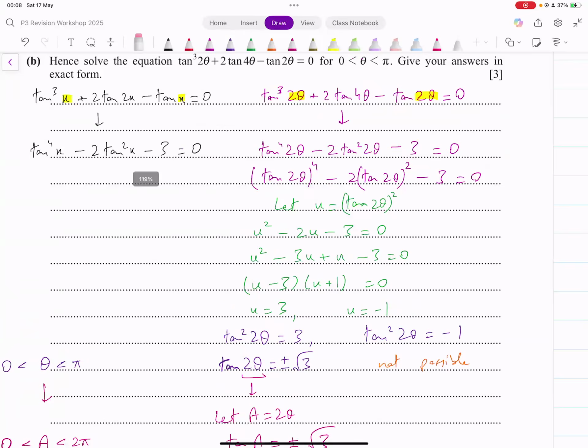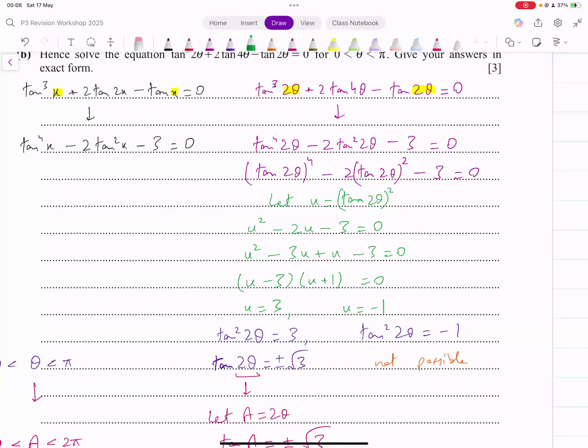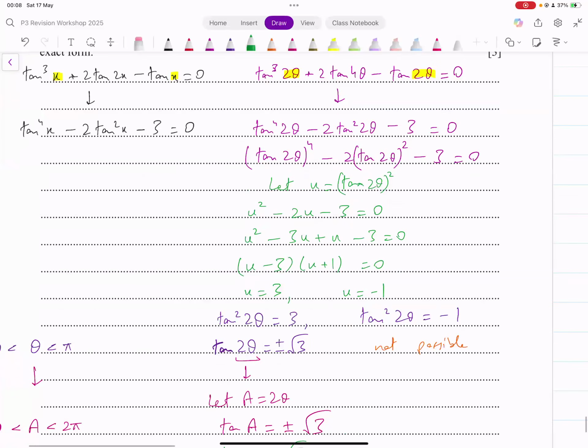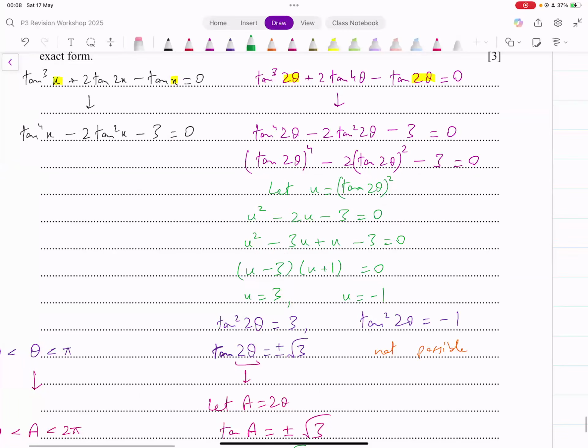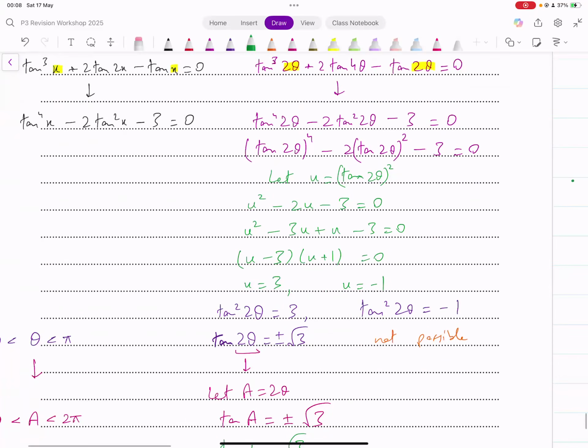Now it's a quartic equation, right? Power 4 equation. We can use substitution to make it a quadratic. It's a disguised quadratic, right? Power 4, power 2. We could treat it as a disguised, hidden quadratic equation, and solve it as that quadratic at the end. You put that substitution back, tan square 2 theta is equal to that or equal to this.